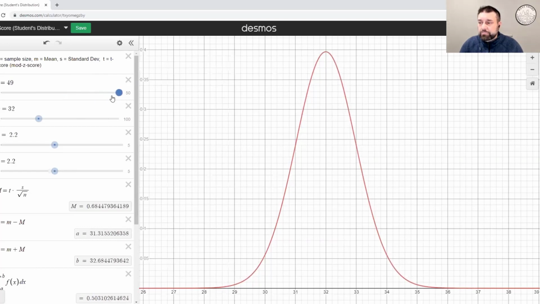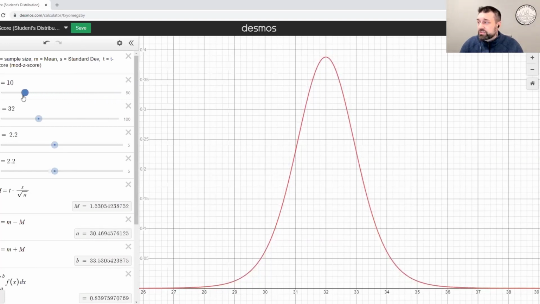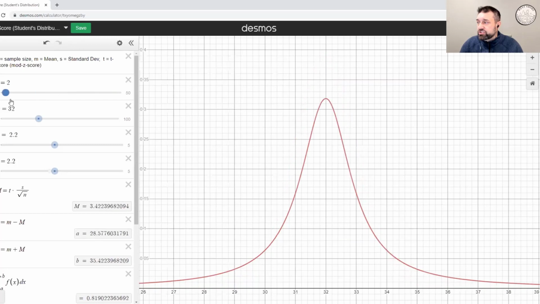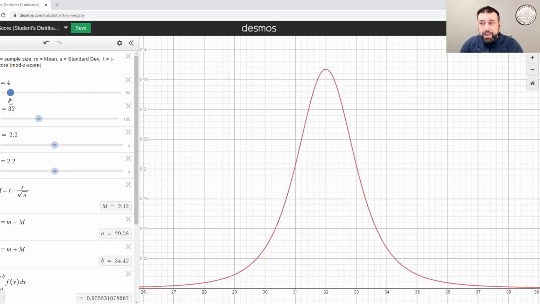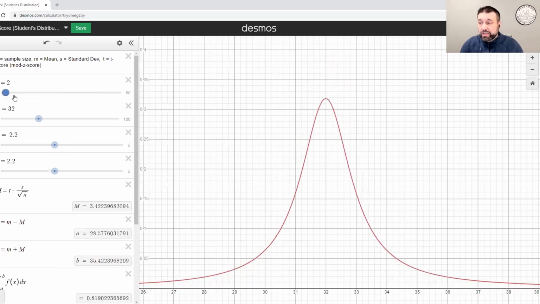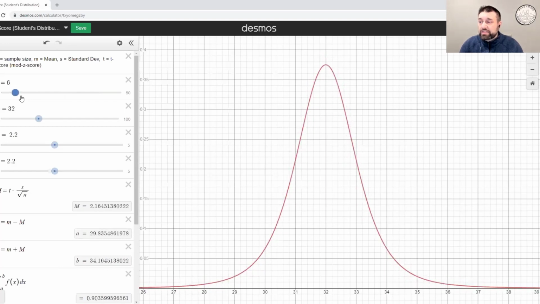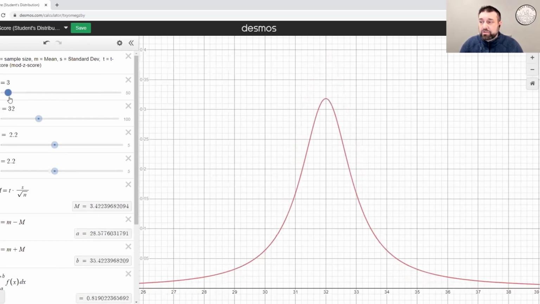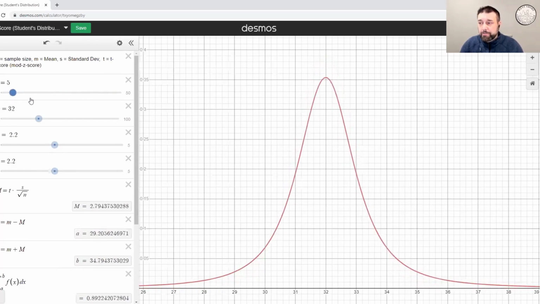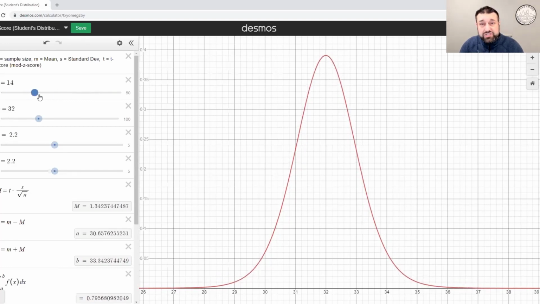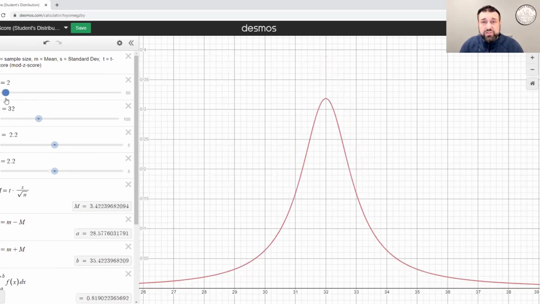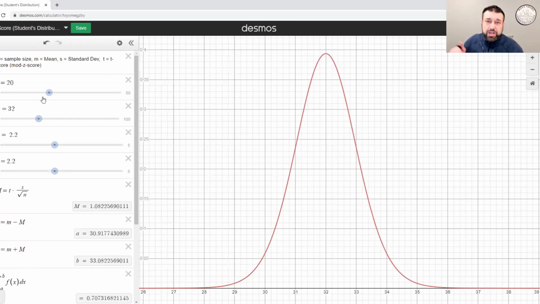But the minute I dip below 30, you can see that the graph really starts to change shape, and that impacts the area in the calculations. So anytime you have a sample less than 30, we can't use the z-score. The z-score breaks under 30 because the shape of this graph breaks under 30.